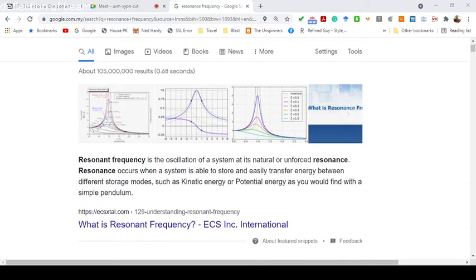If you type it in Google, resonant frequency is the oscillation of a system at its natural or unforced resonance. Resonance occurs when a system is able to store and easily transfer energy between different storage modes, such as kinetic energy or potential energy, as you will find with a simple pendulum. What does it mean in simple terms? That everything has a natural frequency, and even static things like your chair, your car, everything has its frequency.